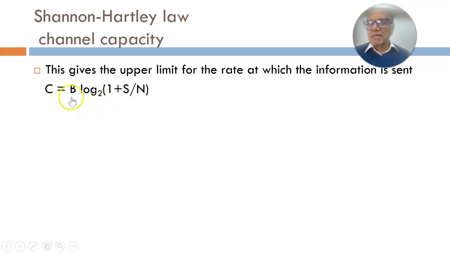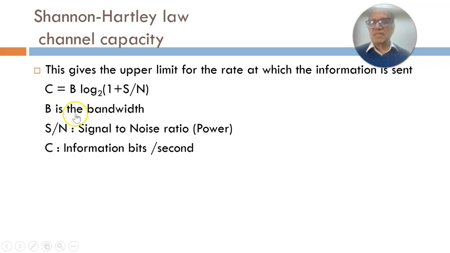Now you can either increase B in order to increase the channel capacity, or you can increase the transmitted power in order to increase the S by N ratio. So this gives you some kind of a trade-off. You can either increase a large amount of bandwidth, or you can increase the signal to noise ratio by increasing the transmitted power. As we said, B is the bandwidth, S by N is the signal to noise ratio, C is the information bits per second.